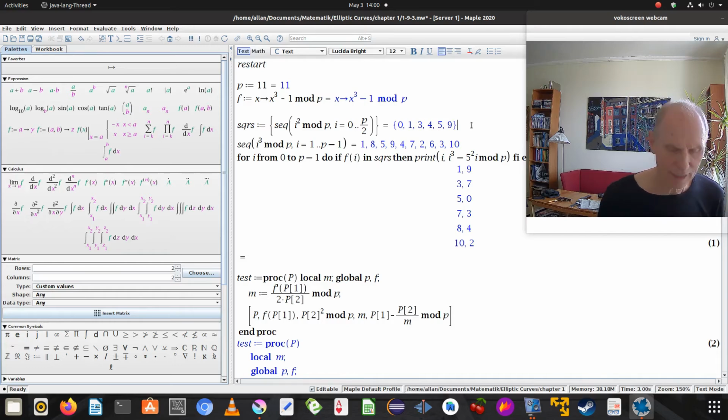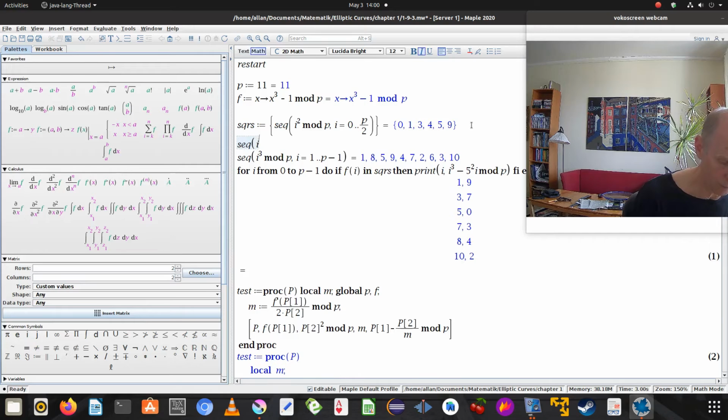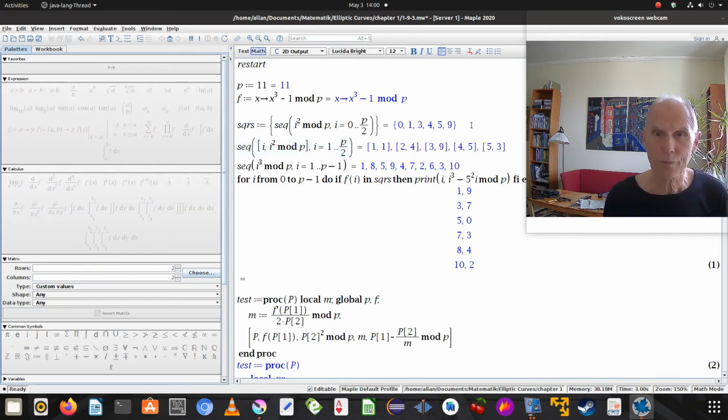I would like to make a table as well. So plus minus 5, that's square root 3.